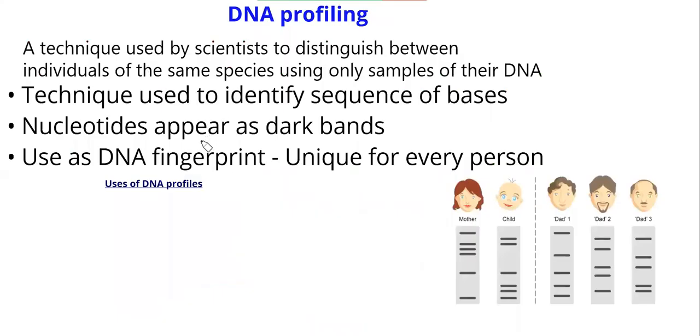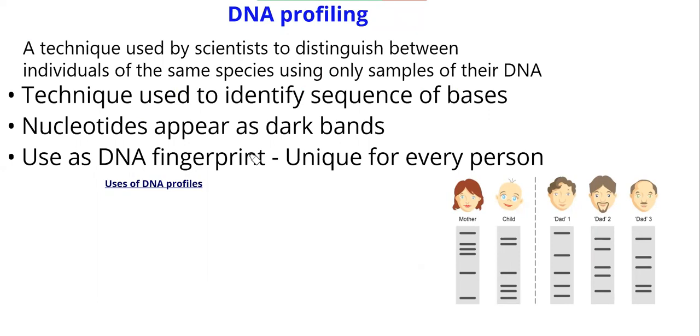But now let's look at what we call DNA profiling. DNA profiling is a technique used by scientists to distinguish between individuals of the same species using only samples of their DNA. You've read about things like people saying his DNA was found, or a DNA test for a paternity test.